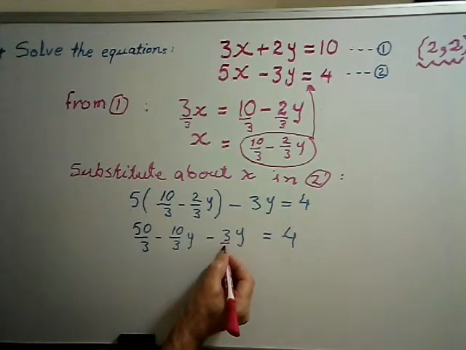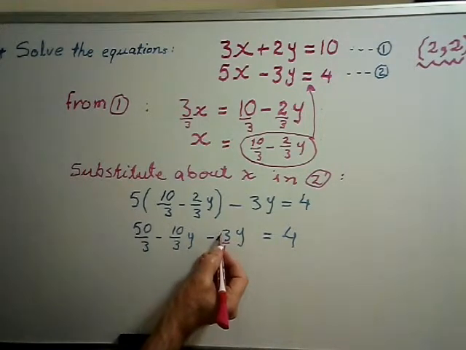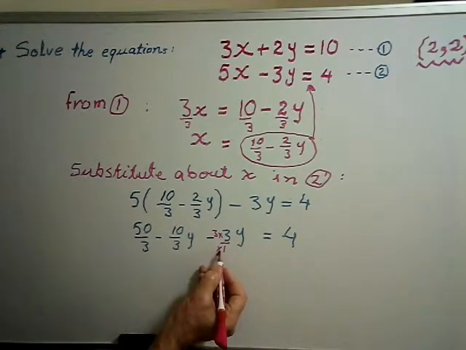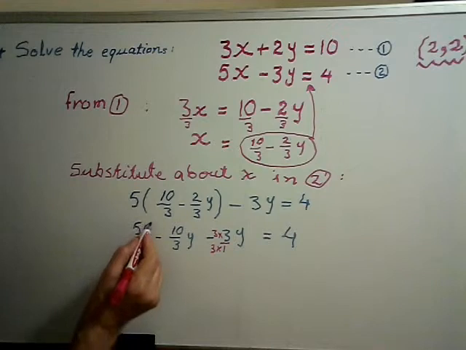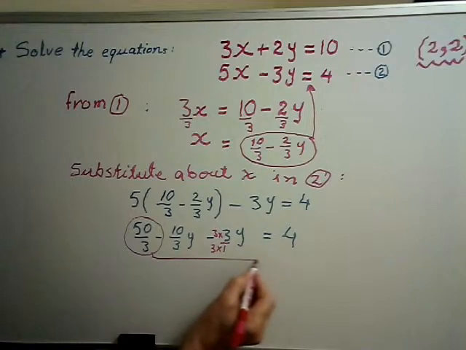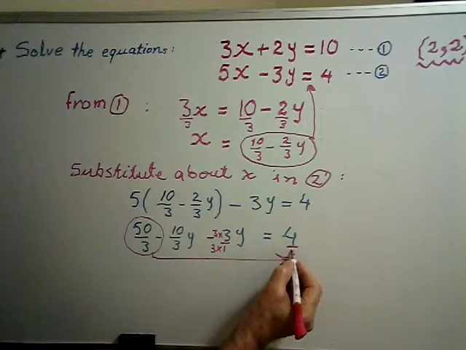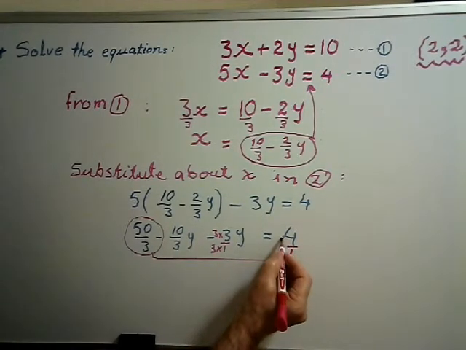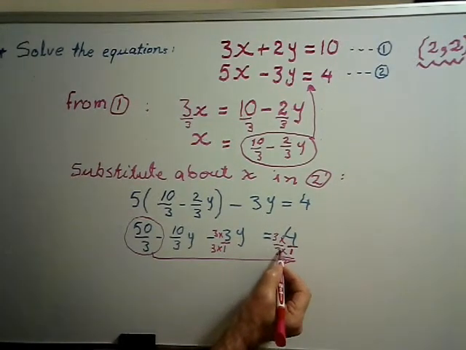Here is 1, so to be 3 here, we have to multiply by 3. And this, because there is no y or x here, we will move it to the other side. Here the denominator is 1, also by multiplying by 3 here and multiplying by 3 here.